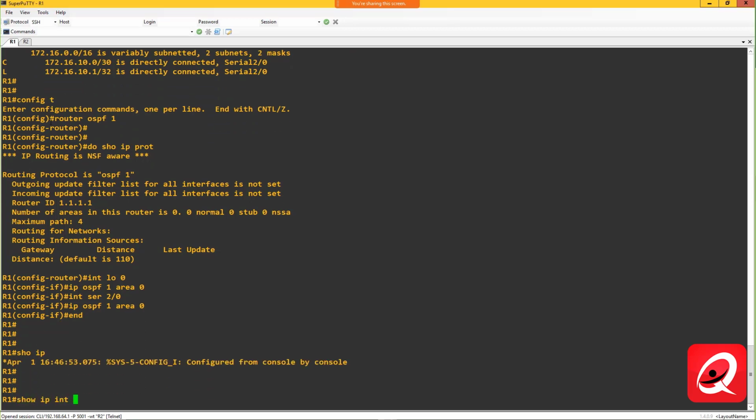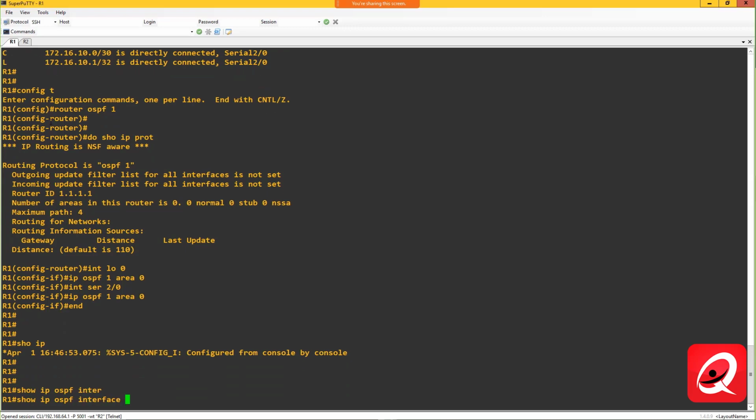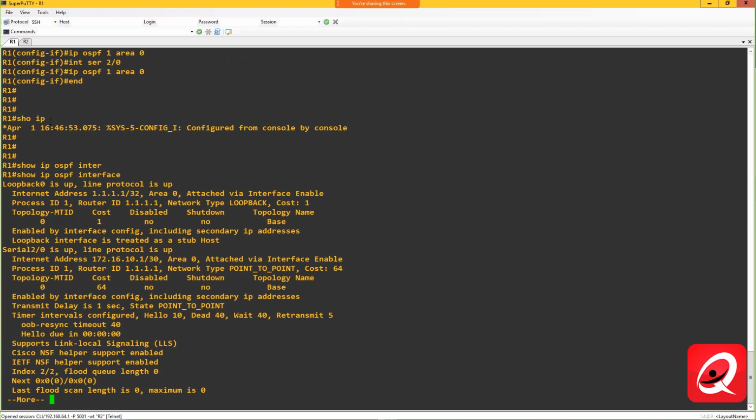And in fact, if I do a show ip ospf interface, this is where you get to identify how OSPF has decided automatically what types of networks these interfaces are. So for example, the network type for a loopback interface, which is just a stub network, has automatically been detected as a loopback.